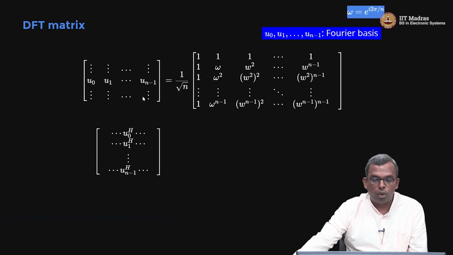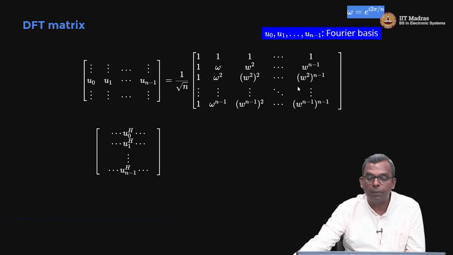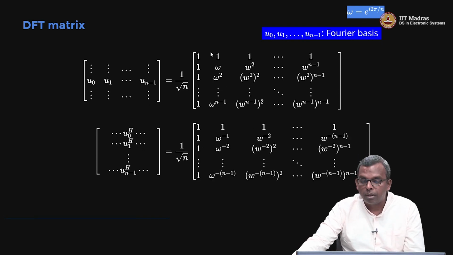Now you can also consider the Hermitian of this. Remember, this is a Fourier basis, so it's orthonormal, and when you have a unitary matrix, it has a connection with its Hermitian transpose. You're going to get u0 Hermitian, u1 Hermitian, and so on till u(n-1) Hermitian. Every column I have to take Hermitian, and write it as a row vector. Let's go row wise here.